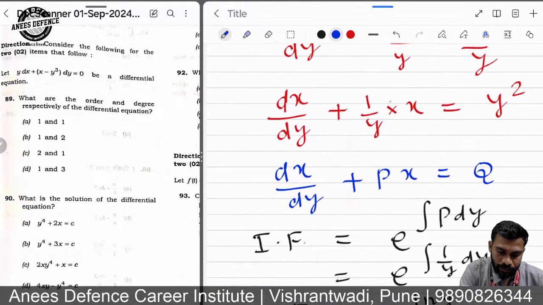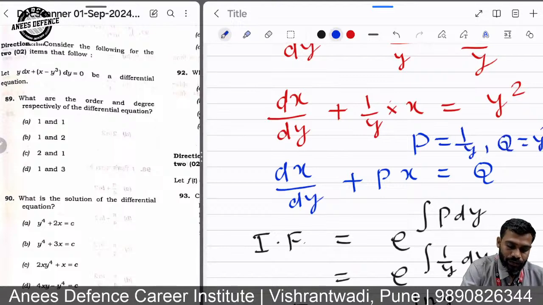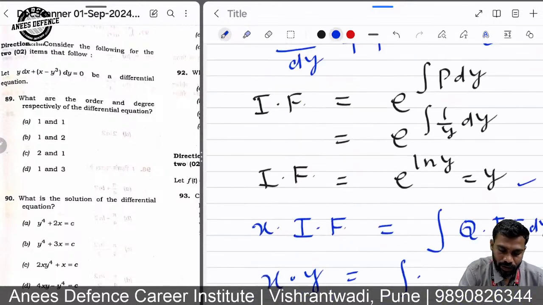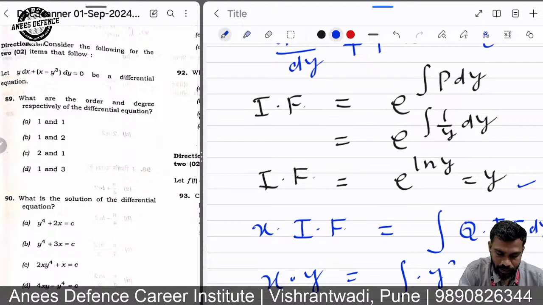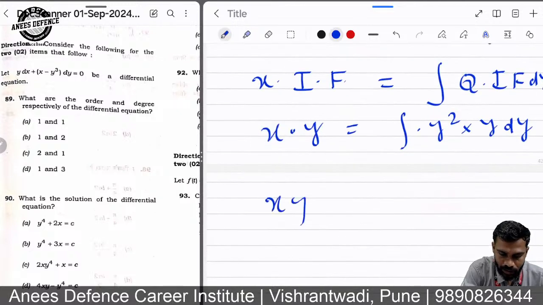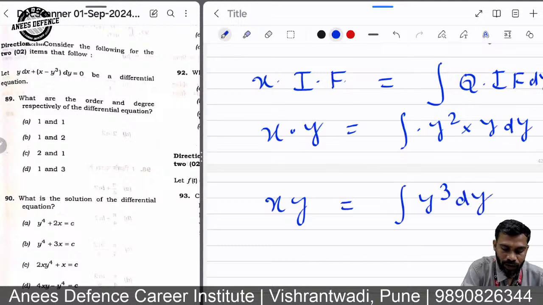Now see, p is 1 by y and q is y square, right? So I need to just substitute the value of q here. So y square into the integrating factor y dy. Now if you simplify this, you will get x into y is equal to the integration of y cube dy.